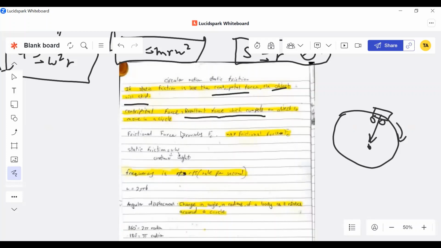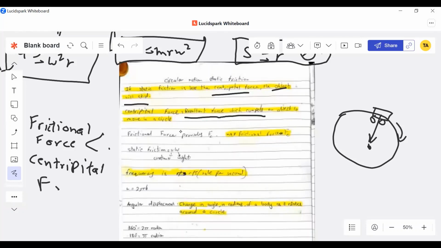What do I mean by this? If the static force, or simply the frictional force, is less than the centripetal force, the object will skid.